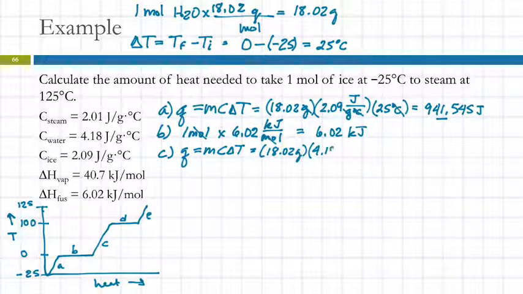So 4.18 joules per gram degrees Celsius. And what's the temperature change for line segment C? It's 100, because the final temperature is 100 degrees and the initial was 0. So 100 minus 0 is 100.